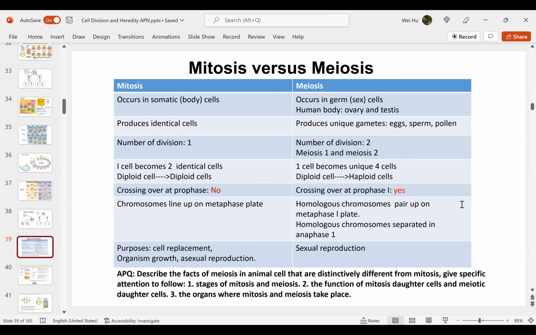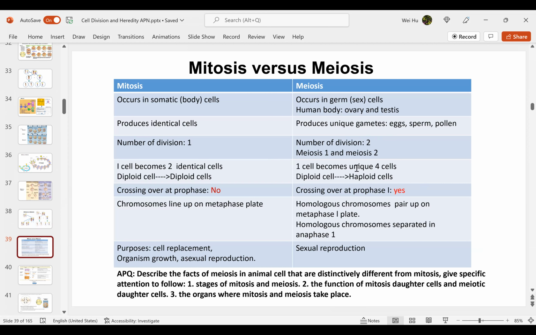So I also made a table for you to do revision. So let's go to meiosis. Meiosis only occurs in the germ cells. They produce your sexual cells. You have 2 divisions, meiosis 1 and 2.